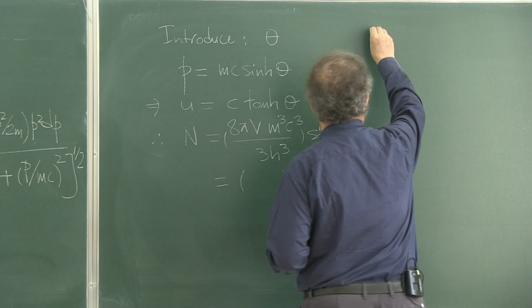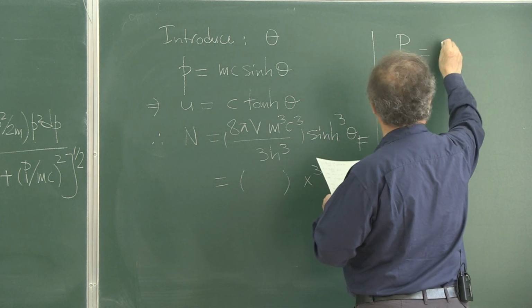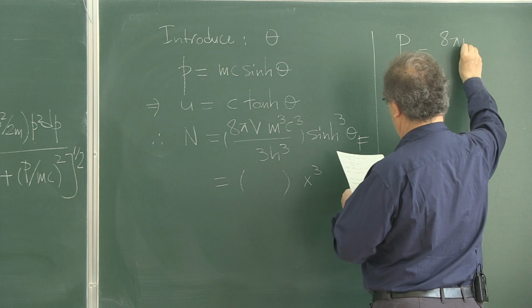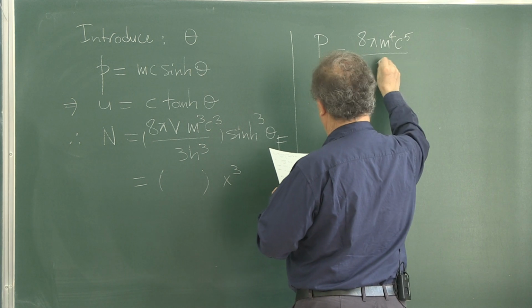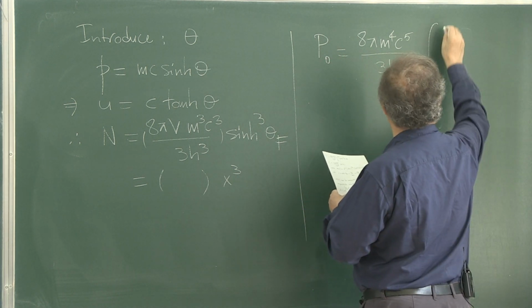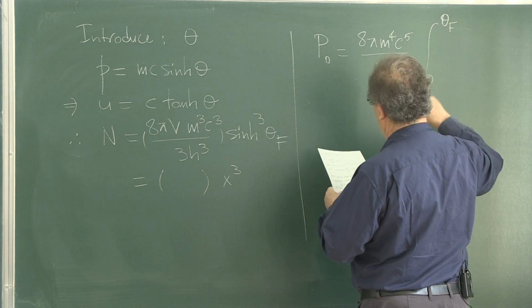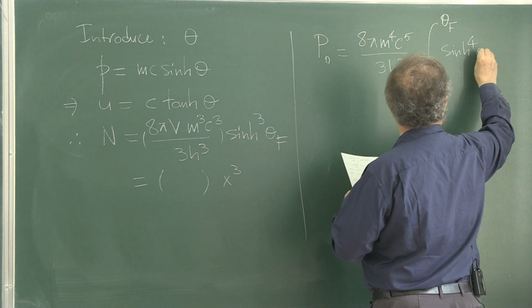So the pressure can be calculated as 8 pi m to the 4 c to the 5 over 3h cubed, integral from 0 to theta Fermi of sinh to the 4 theta d theta.